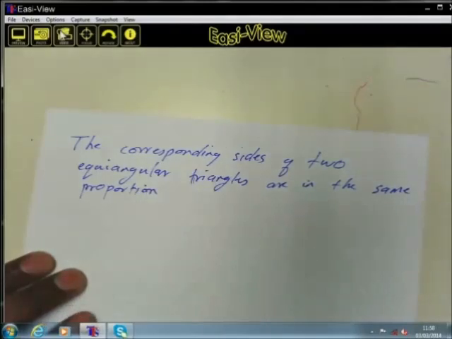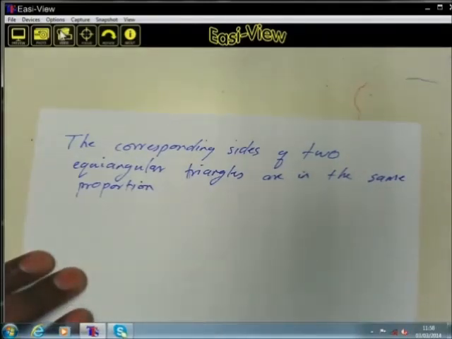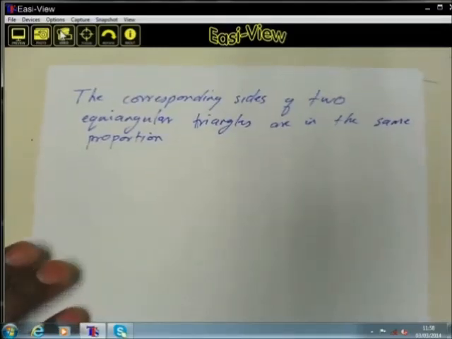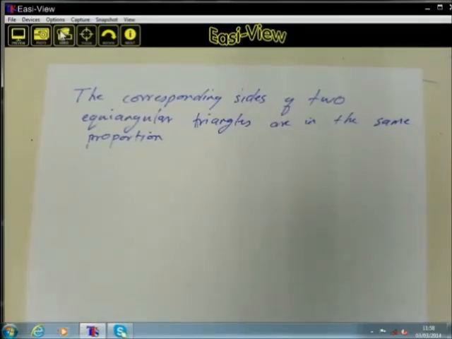The corresponding sides of two equiangular triangles are in the same proportion. That is the theorem that I want us to prove together.